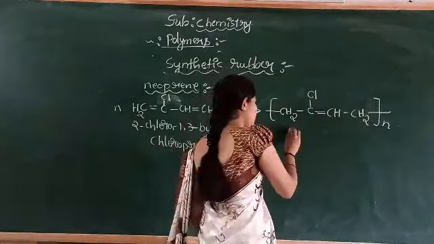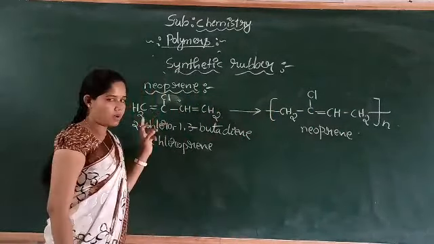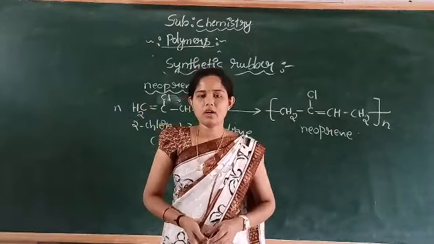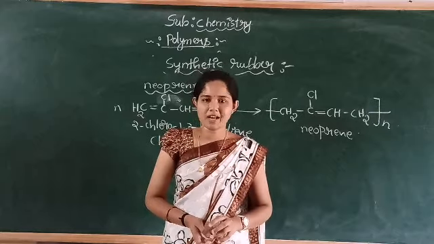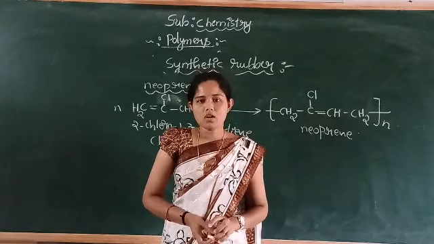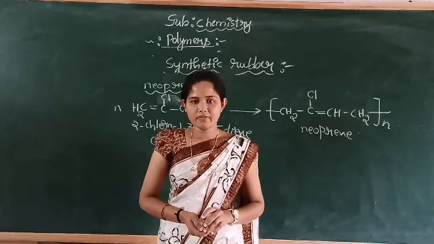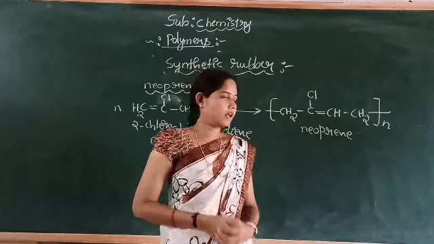This is the structure of neoprene. It is a homopolymer of 2-chloro-1,3-butadiene. This neoprene is resistant to vegetable oils and mineral oils. So this is used in the manufacturing of gaskets, gas pipes, etc.